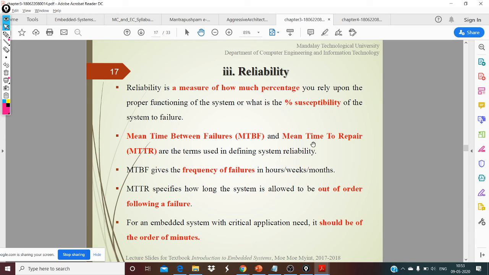So now 4 days out of this 30 days becomes the mean time to repair. So the actual working of the printer is only 26 days, right? So the remaining time you will spend only with repairing time. So that's the relation between mean time between failures and mean time to repair. Mean time between failure is nothing but the frequency of failure, and mean time to repair is how much time you spend in the actual service.